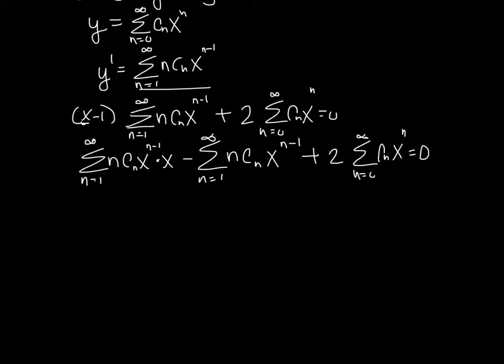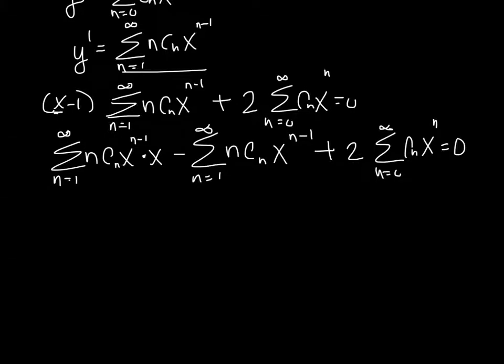So let's simplify this a little bit because we can. Don't forget, I know it is tedious to write this over and over, but you have to write the summation notation, otherwise it's not a sum. We have n, cn, and this guy is a 1, so that's really x to the n, which we love because we want an x to the n.